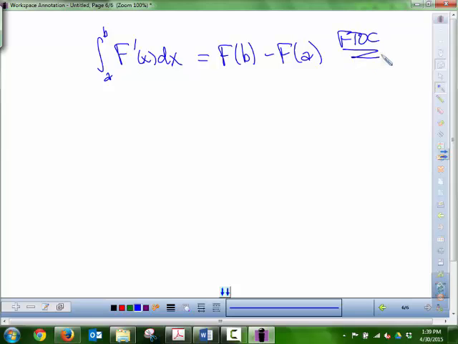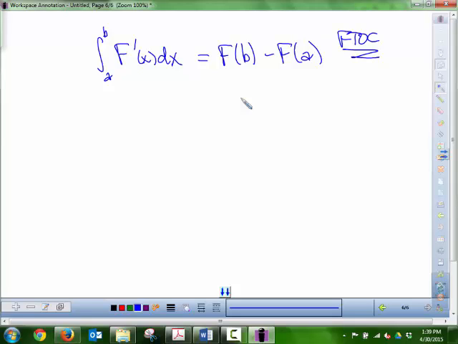FTOC, as I like to call it. It's the fundamental theorem of calculus, which says, this is actually just one part of it, that if you take the integral of the derivative, it's equal to the original function evaluated at the endpoints.